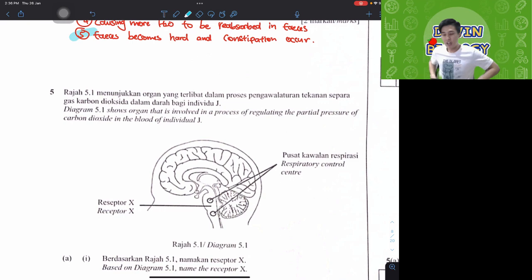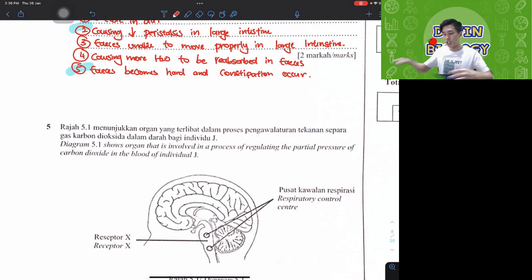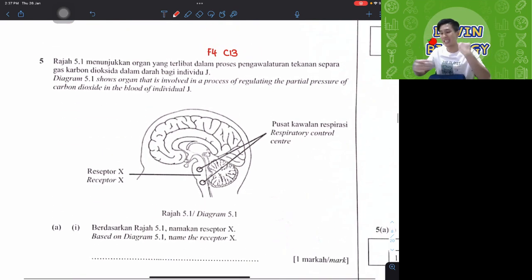Alright, next question. 5.1 shows organ that is involved in the process of regulating the partial pressure of carbon dioxide in blood of individual J. So this is actually Form 4, Chapter 13, the Homeostasis chapter, regulation of internal environment.